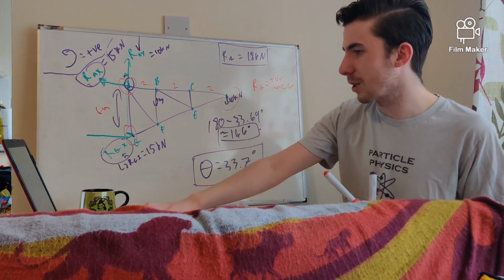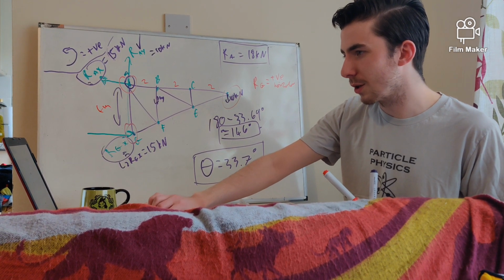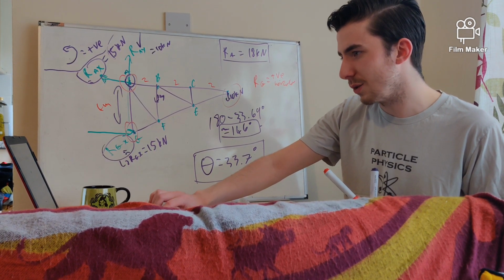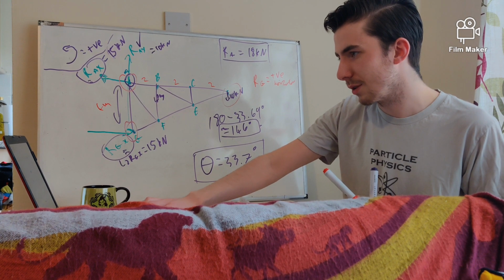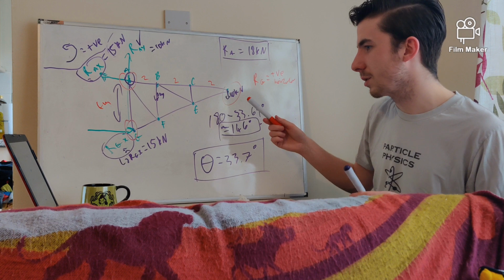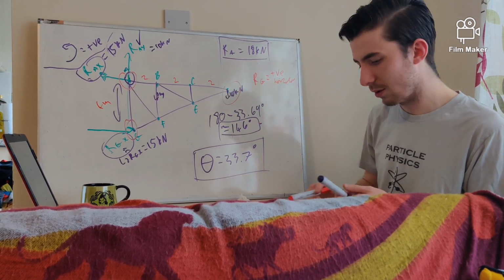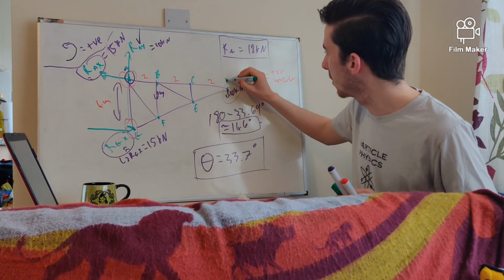Yes, because I sectioned it up. So what I'm going to do is I'm going to cut this down and then use method of joints at here. So we're going to do method joints here.